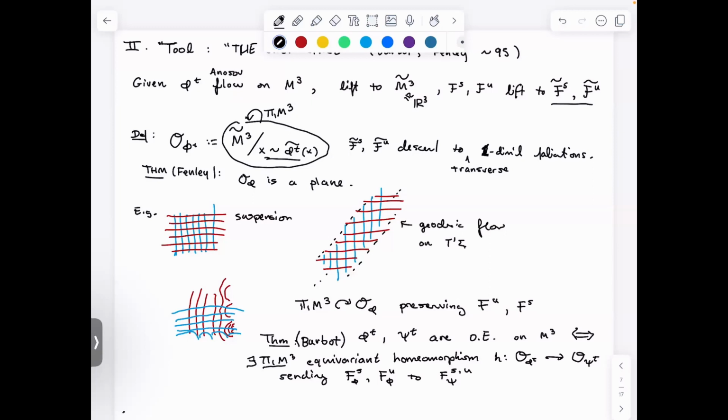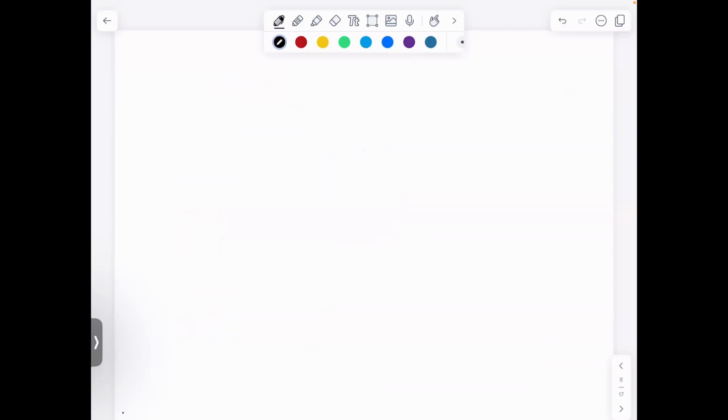Great. Okay, so now I can restate the theorem just using this complete framework. And I have to understand now groups, three manifold groups, acting by homeomorphisms on bifoliated planes. Right. So here's the restatement of the main theorem, thanks to Barbeau and Fenley.